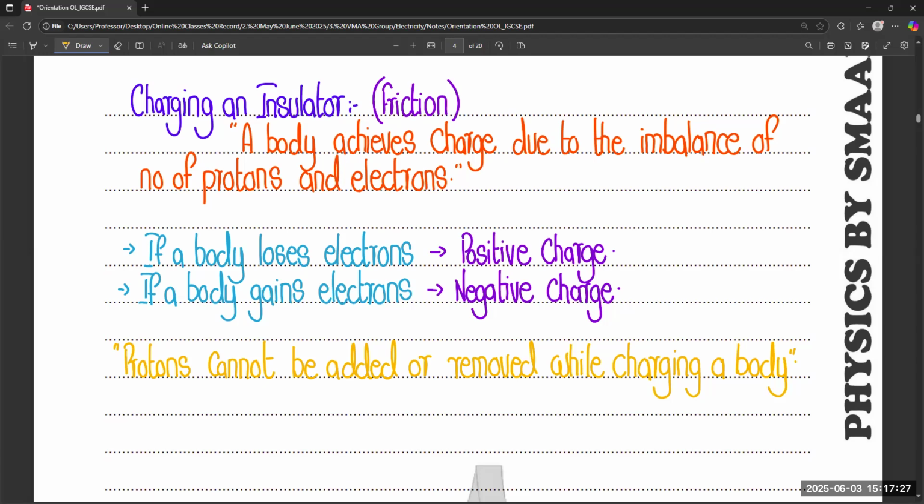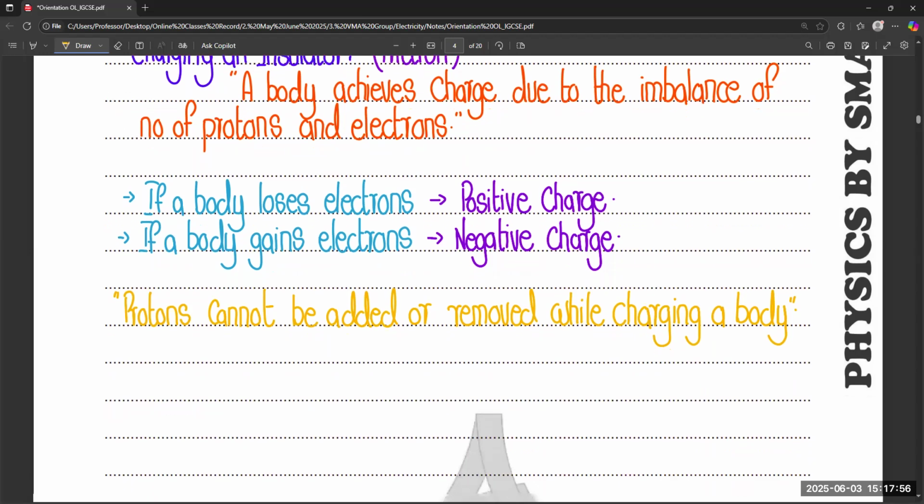Because in your exam, they will not ask questions like: we have a wool cloth, so what type of charge will it get? So we don't need to remember the name of the body with the name of the charge. We only need to remember the process. With the help of the process, we can easily identify which body gets the positive charge and which body gets the negative charge.